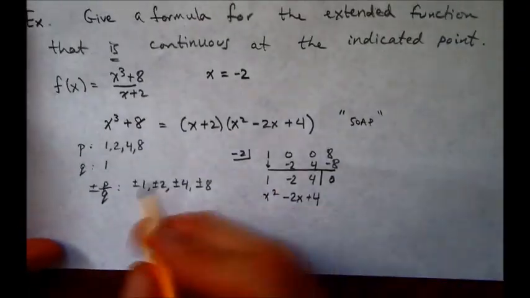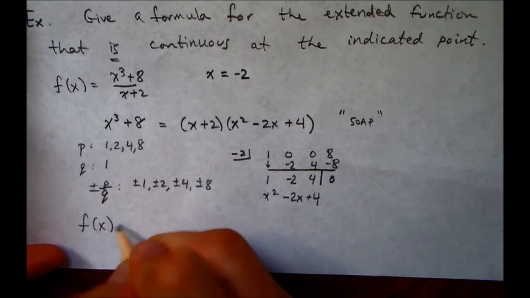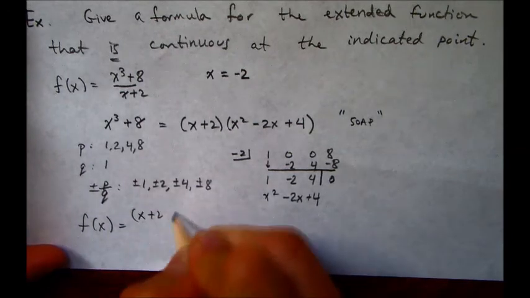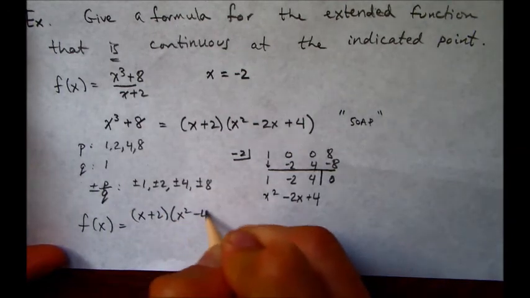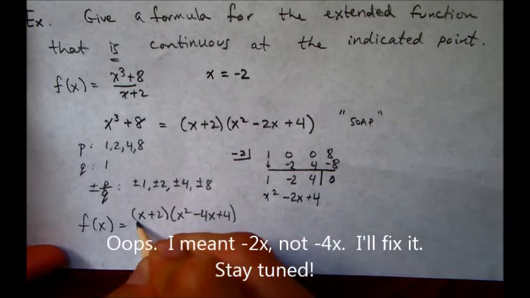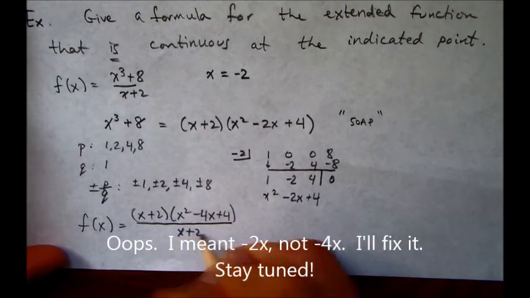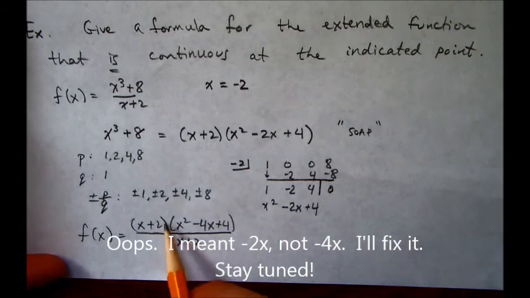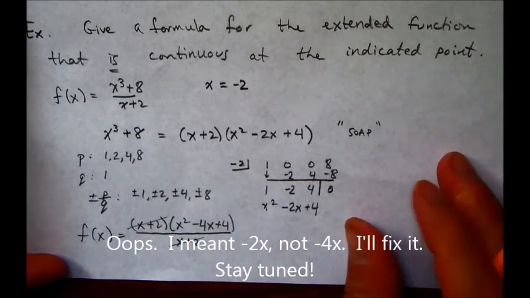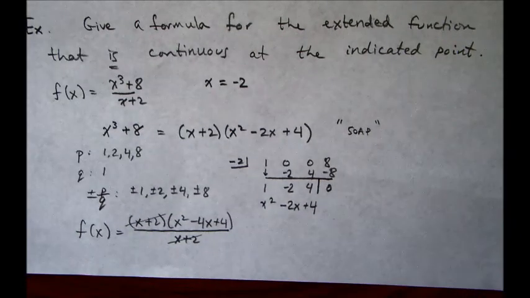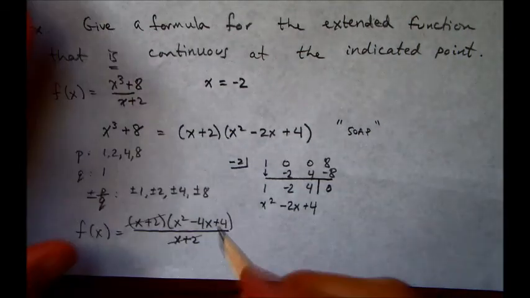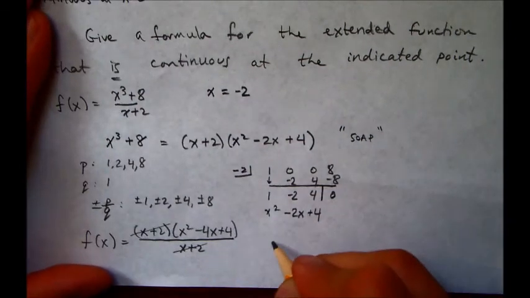Okay, so our function now looks like this. F of x equals x plus 2 times x squared minus 2x plus 4 all over x plus 2. And we can see how this, although negative 2 is not in the domain, it can be removed. It is shaped as a parabola except at negative 2, where we find a hole. Okay, so this was the removable discontinuity.